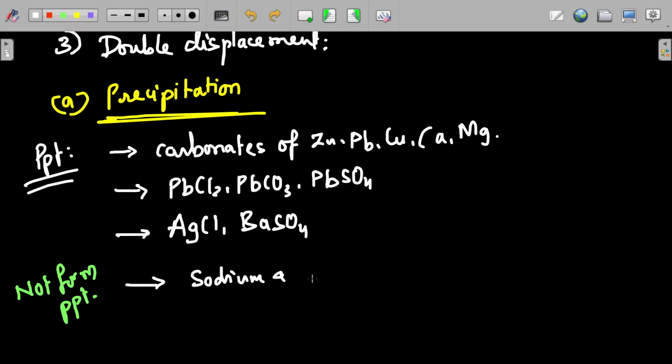Sodium, potassium, and ammonium compounds are always soluble in water. See, precipitate means it is not soluble in water. If it is soluble in water, then it will not form any precipitate. Why am I giving you this? If they ask you how do you prepare NaCl, you should never match it with precipitation. You should match it with neutralization.